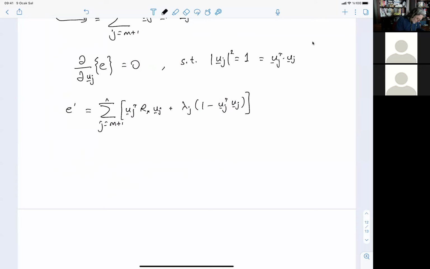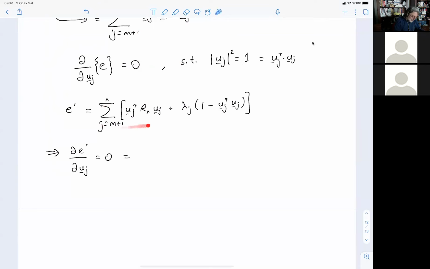Therefore, I will take the derivative of this one with respect to all of the uj's, j ranging from m plus 1 to n. So this is equal to 0. This derivative is equal to 0. So now I have to take the derivative of the term.